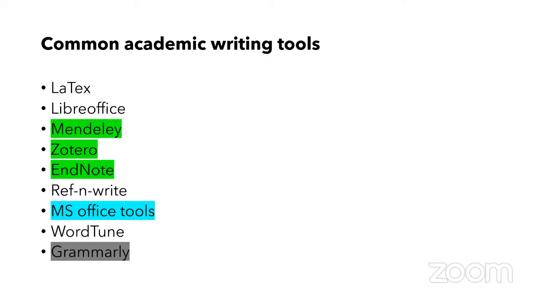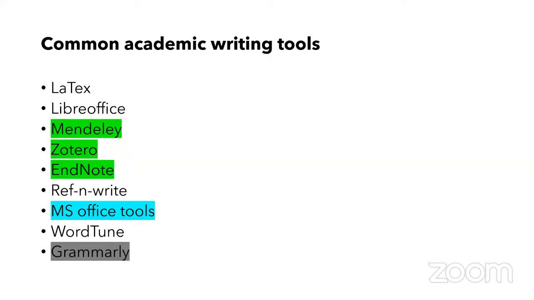You can see I put some of these things highlighted. The ones I highlighted, these are tools that could be combined. For instance, somebody is using MS Office tools. You could have Grammarly running concurrently while you complete your writing.